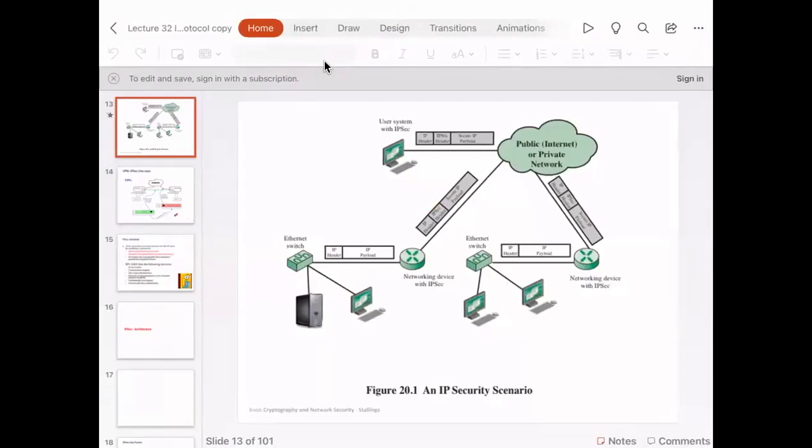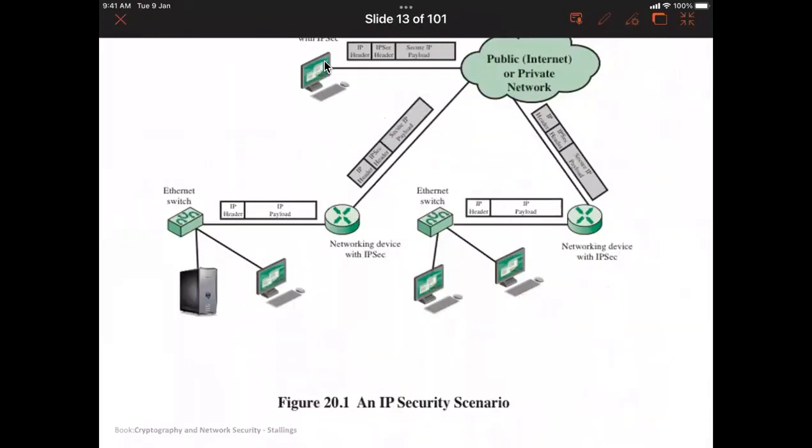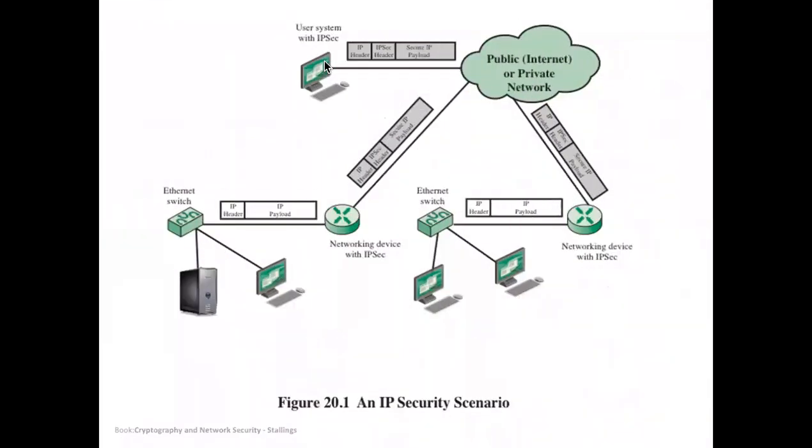Now you can see this in another direction also. Suppose the laptop is inside a corporate network, and it is not generating IPSec packets. The machine here generates an ordinary IP packet. Then this is the IPSec router or gateway, and the tunnel is only between gateway and gateway.